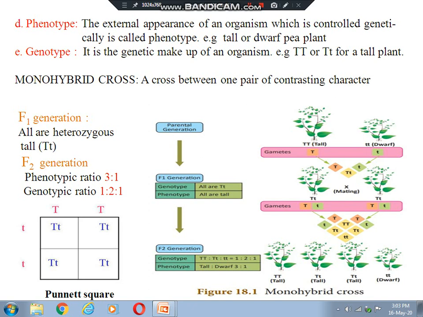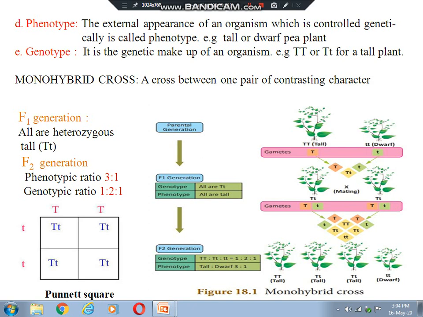Then when capital T fuses with small t, the combination will be capital T and small t. Capital T is the dominant and small t is the recessive character.